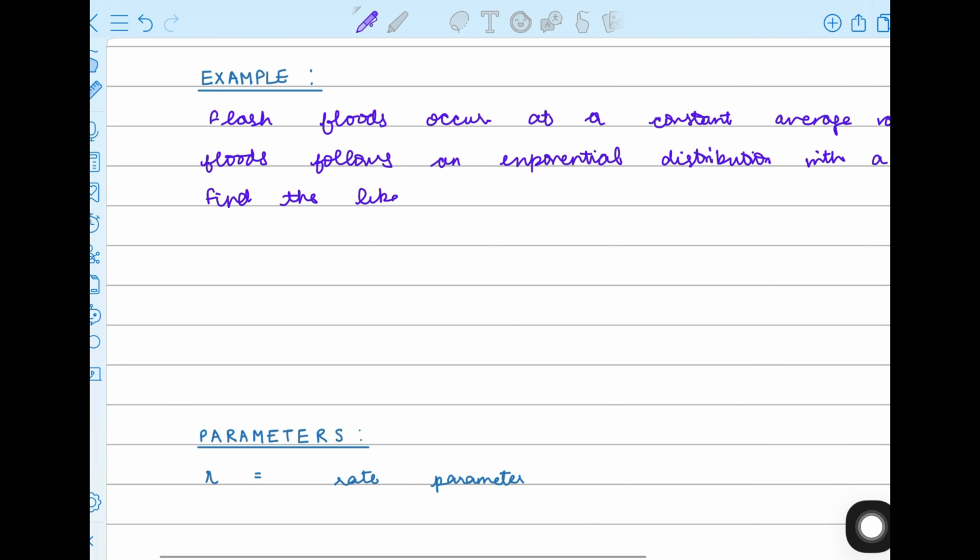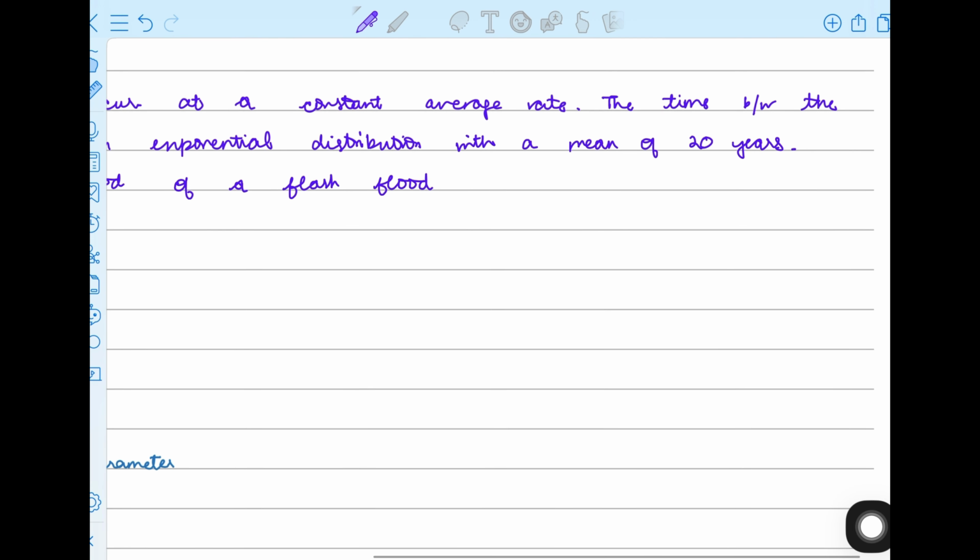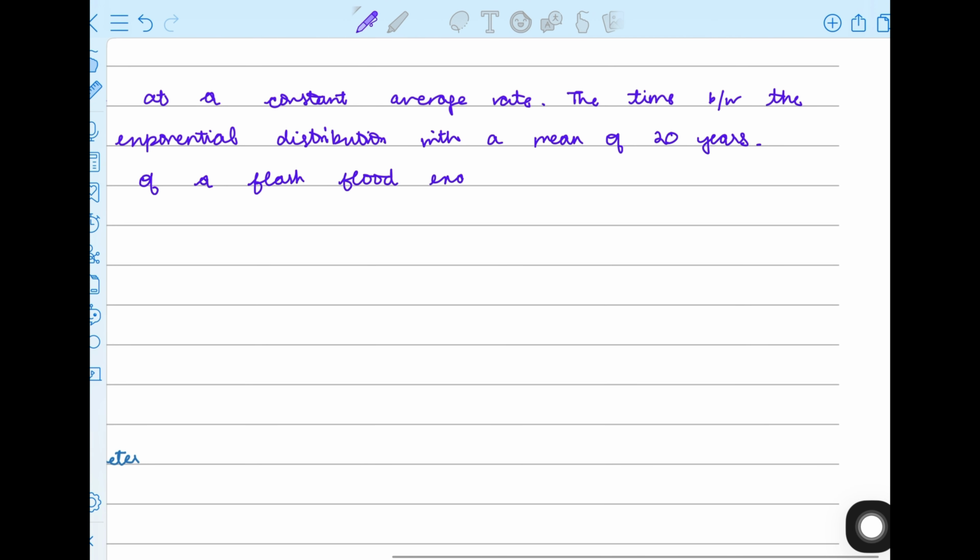Find the likelihood of a flash flood exactly 30 years after the previous.